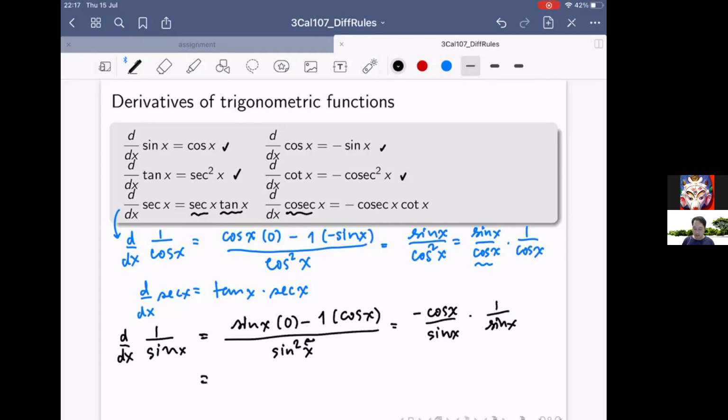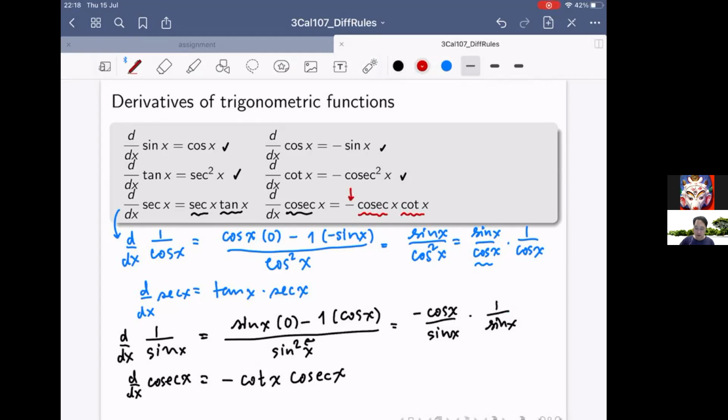So we have a negative cosine over sine. It is a cotangent, and then a cosecant, 1 over sine. So it means that the derivative of a cosecant becomes two terms multiplied: one is cosecant, another is cotangent. However, you have a negative.